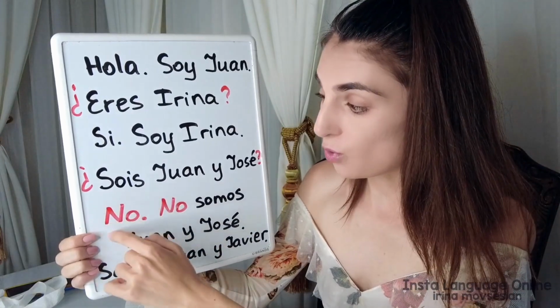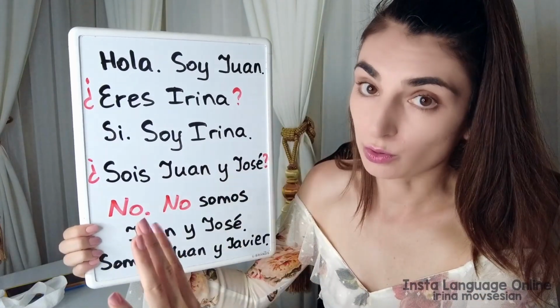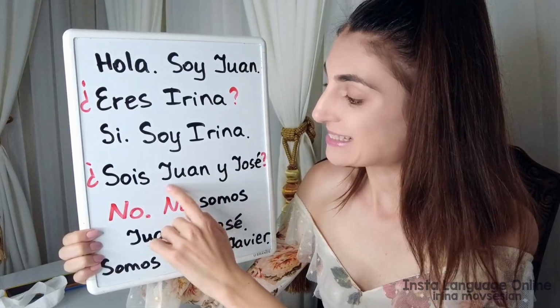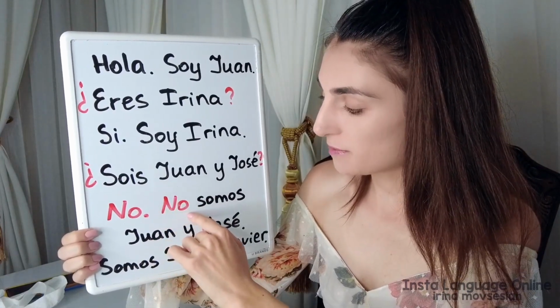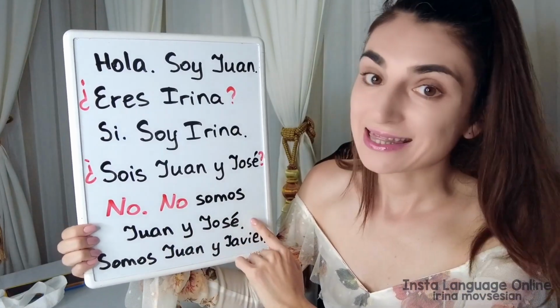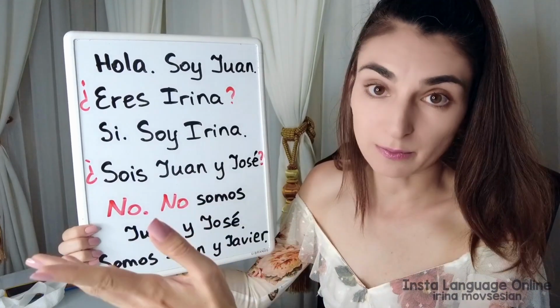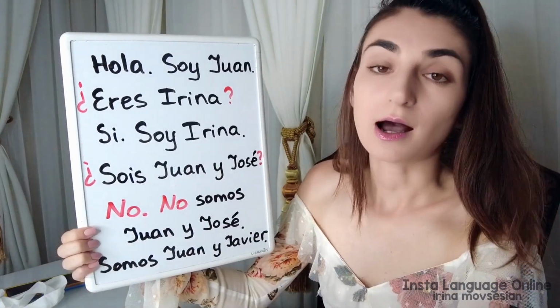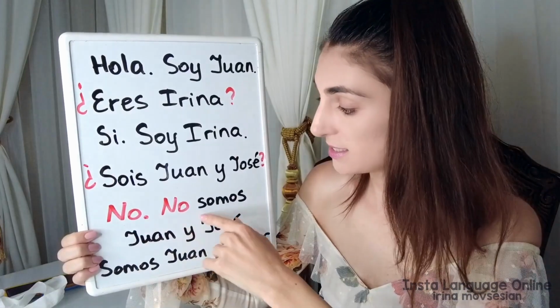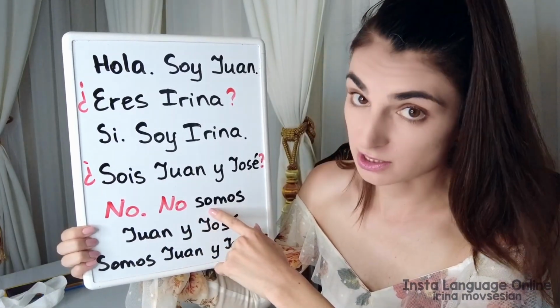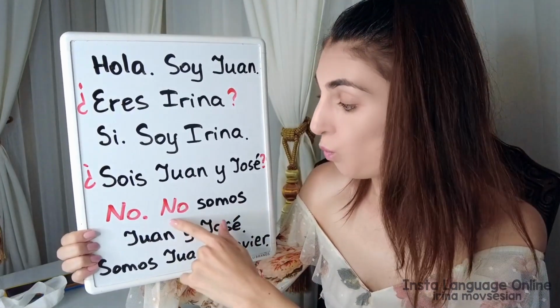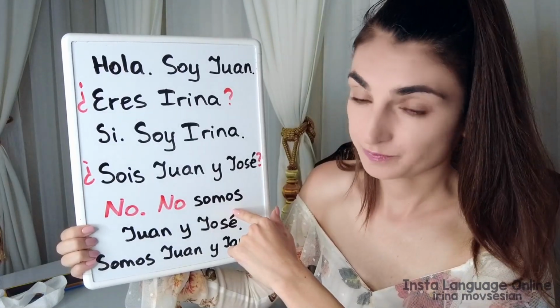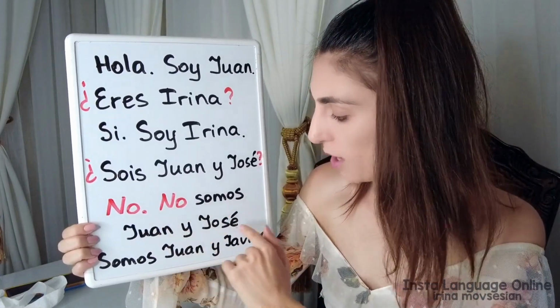It's just a small sentence. No. Period. The second no actually makes the sentence negative. For example, I don't, I will not. In this case, I am not. Or we are not. No somos Juan y José.